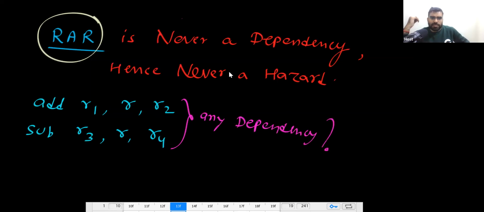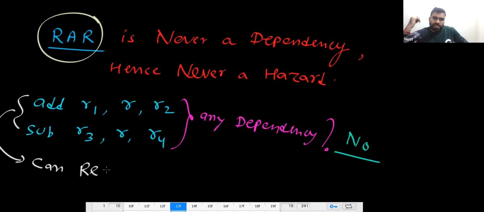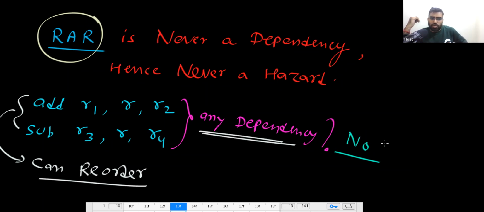The answer is no. Because, here is a simple test: can we reorder them? Yes, we can reorder them. There is no problem. So that is the reason there is no dependency.